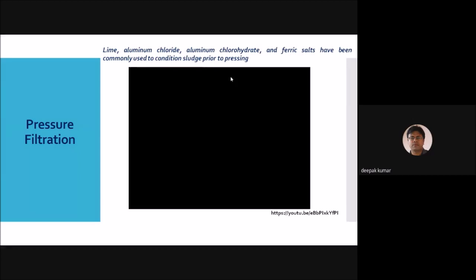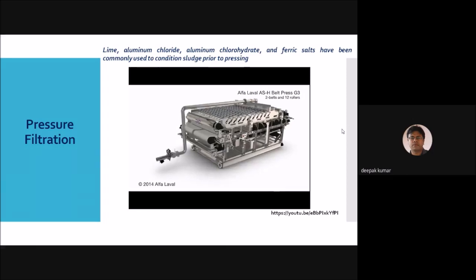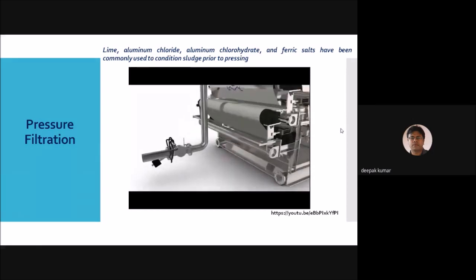We will discuss pressure filtration. Suppose you have sludge and you try to pressurize it, what will happen? If there is some water present in it, the water will get out from it. You can see the simple process here in this video. This is simple pressure filtration.